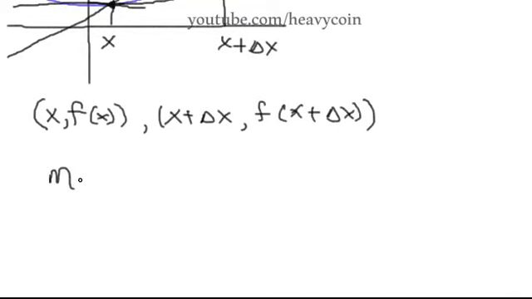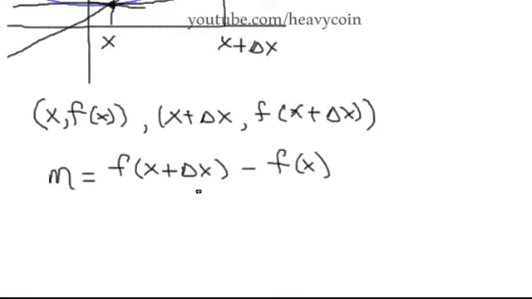I'll label it as m, is equal to, so this is our y2 here, f of x plus delta x minus our f of x over x plus delta x minus x.